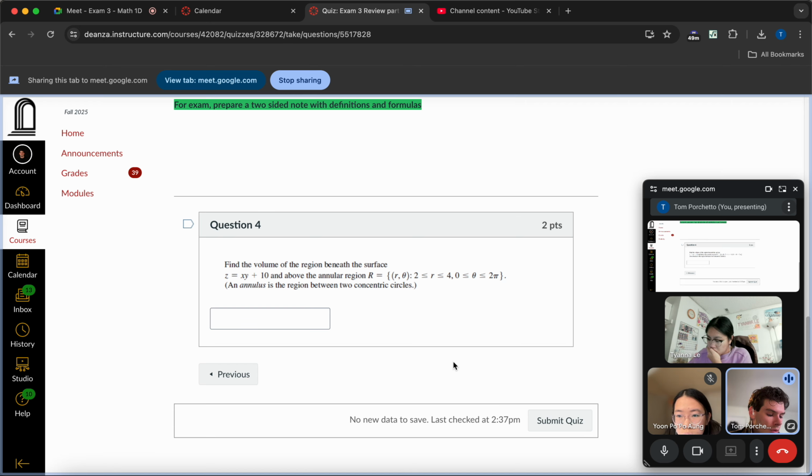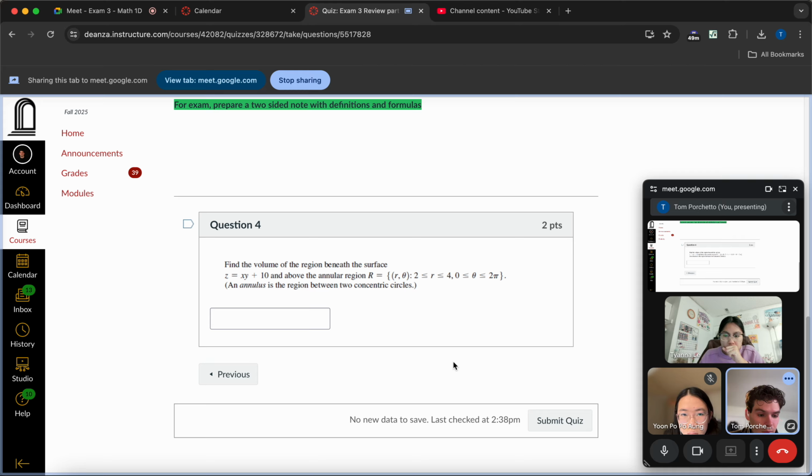But then we need to solve the integral from 2 to 4, where we only have r, and the rest we treat as constant.